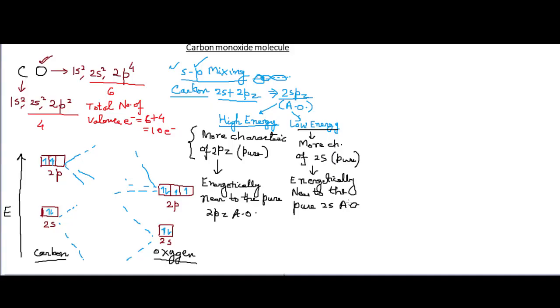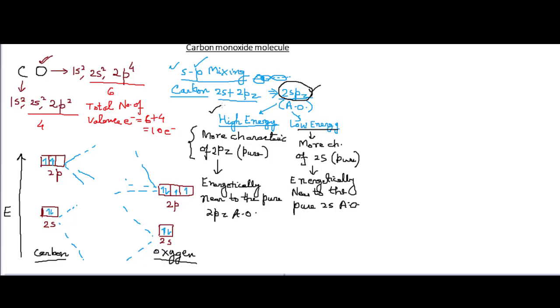Up to now, I hope this is clear. Let's repeat again. There is sp mixing in case of carbon because the 2s and the 2pz atomic orbitals are energetically close enough, and they are symmetrically also comparable. This gives rise to the sp mixing in case of carbon, and the sp mixing results in the formation of 2spz hybridized atomic orbitals.